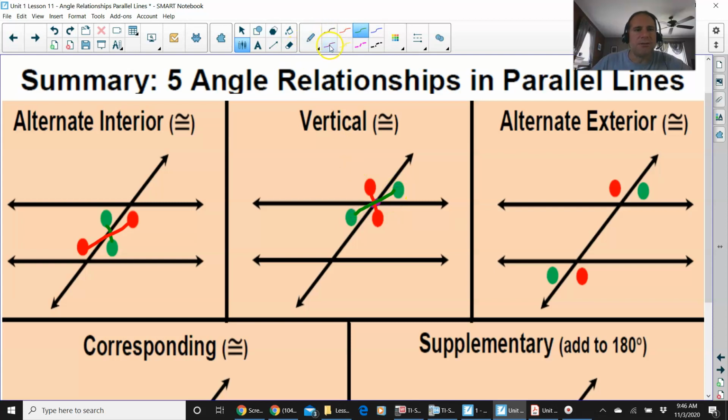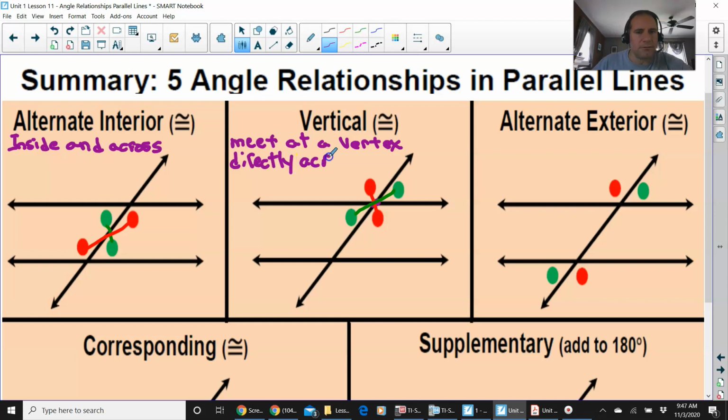So please put alternate interior: inside and across. Vertical: meet at a vertex, and directly across from each other.